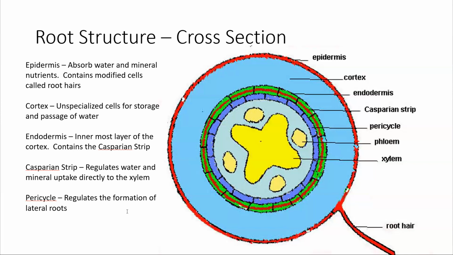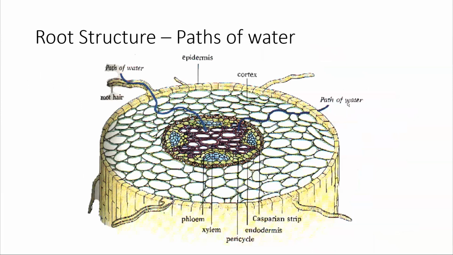through the cell membrane. Okay, now what he was talking about with the water traveling through, right? We've got the path of water through a root hair. The root hairs are there. It is not the only area of the epidermis that water can get through. Okay, it can also get through other epidermal cells.